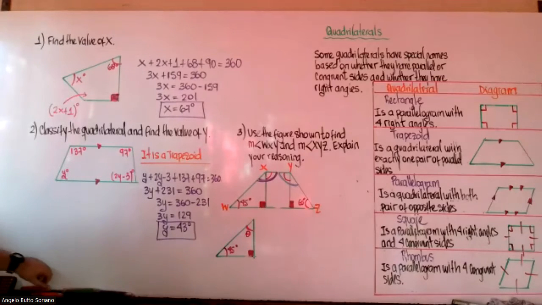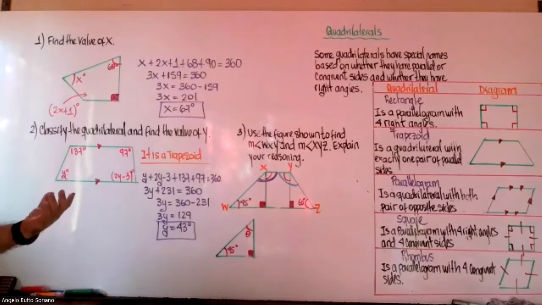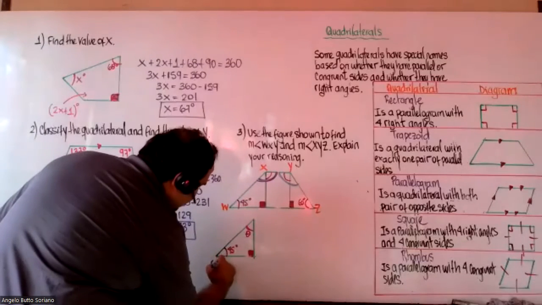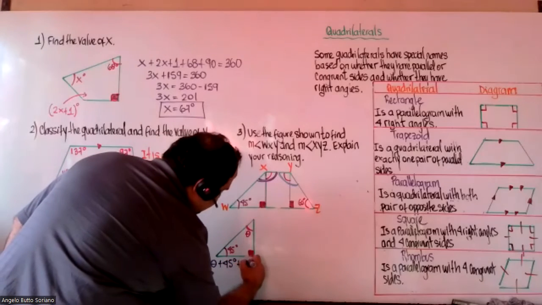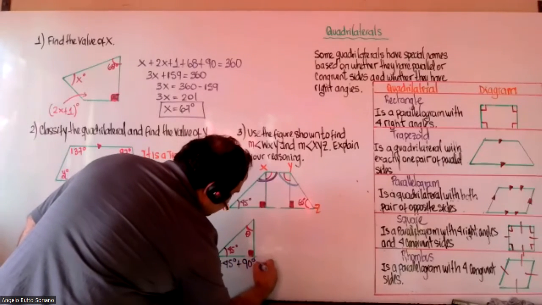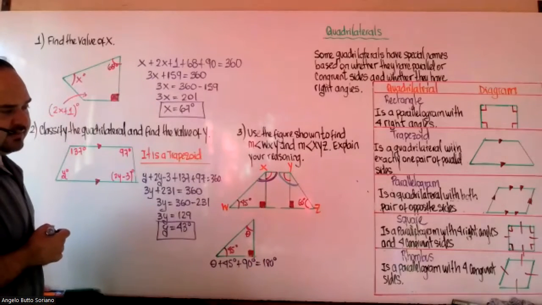How can we calculate the measure of this angle? Simple. The sum of the interior angles of any triangle is 180 degrees. So we have theta plus 45 plus 90 degrees equal to 180 degrees, right?